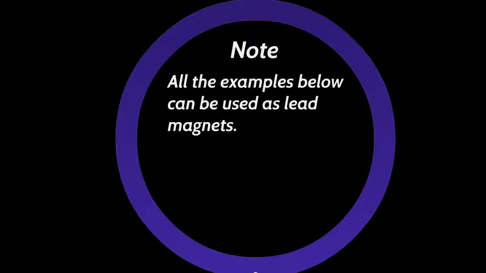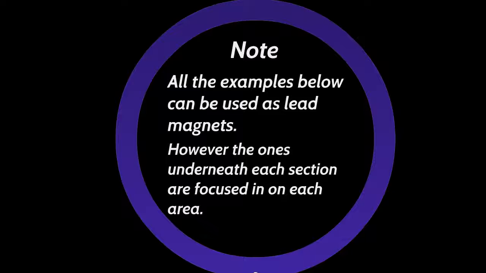Now, all the examples below can be used as lead magnets. However, the ones that I'm going to talk about in future videos underneath each sectional video are going to be focused on each area. I'm going to talk about different types of mediums, audio courses, software, and different examples that you can go ahead and use right away so that you don't have to really think.